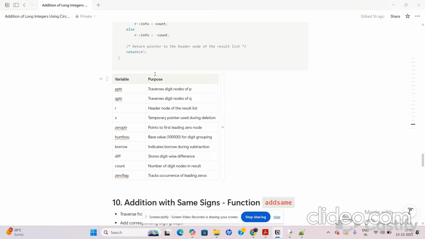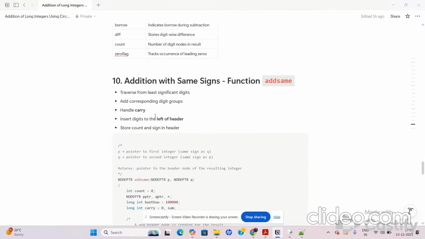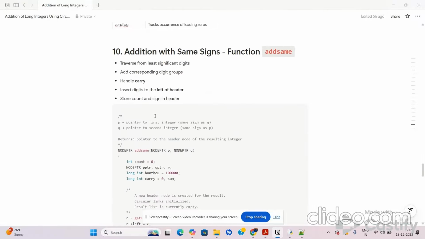Now, in case of a scenario where the signs are the same, that means both of them are positive or both of them are negative, in that case, this kind of method you would have already seen when you saw the application of circular singly linked list, where addition of long positive integers was explained, right?